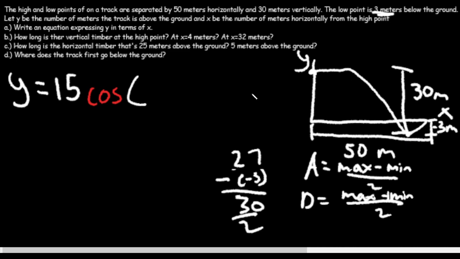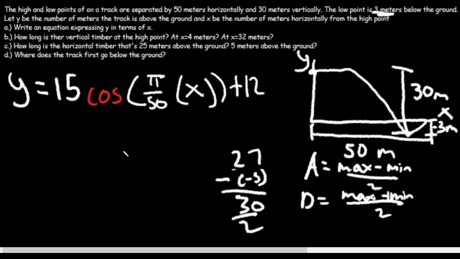For cosine, one full period will be like this, and 2 whole periods will be like this. So since a whole period will be 50, it will be pi over 50 x. There's no phase shift because you start at 0, and then it's plus 12.